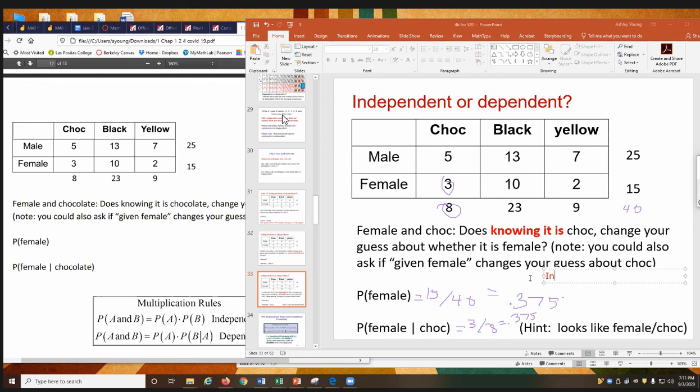Total females, total chocolate, female chocolates, and total, and do 3 over 8 compared to 15 over 40. They are the same. So 15 over 40 and 3 over 8. Since those probabilities are the same, then it is independent. That's the easiest way to check for independence. Okay, good. Questions about this one before we go on?